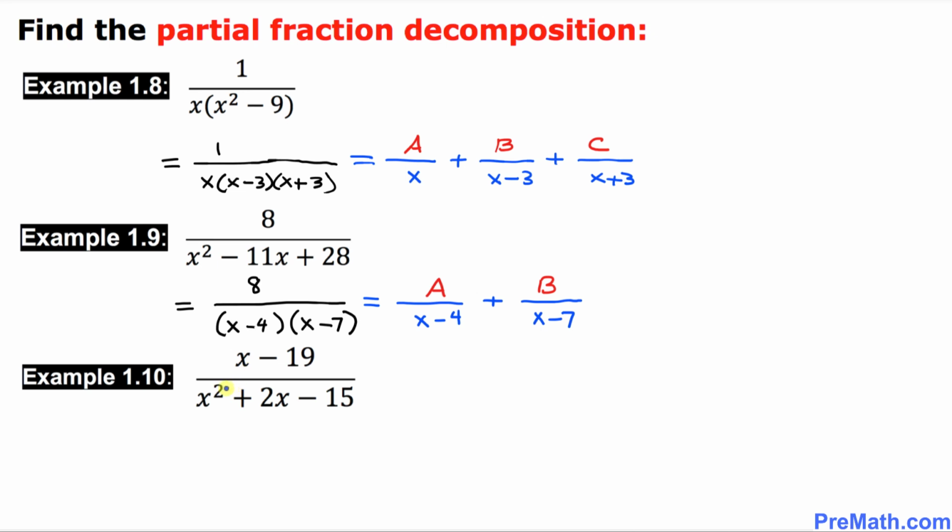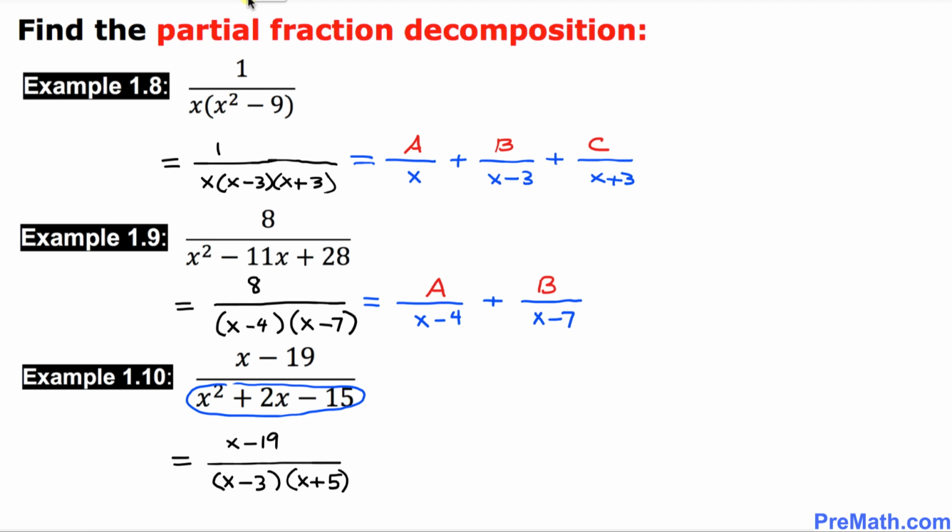And here is our final example. Let's focus once again on the denominator, and we can see that we got a quadratic, isn't it? And we can see that this can easily be factored out. So let's go ahead and find the factors. On the top still is going to be x minus 19, and at the denominator this part can be easily factored into two linear ones. The first one is going to be x minus 3, and the other one is going to be x plus 5, isn't it?